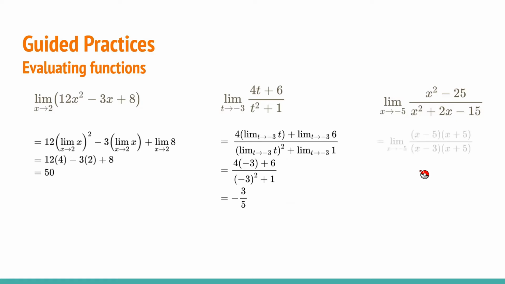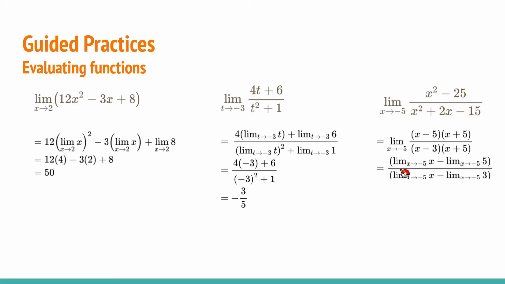Before anything else, we'll have to simplify first the function. We can do that by factoring, or by transforming them into binomials. So we can cancel x plus 5. If we do that, we are just left with x minus 5 over x minus 3. From there, we'll apply all the limit laws.